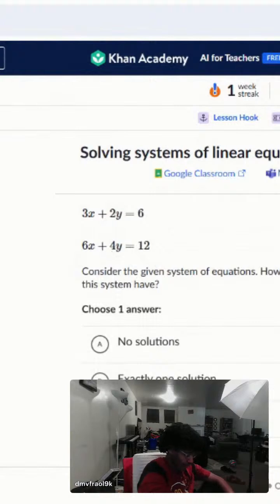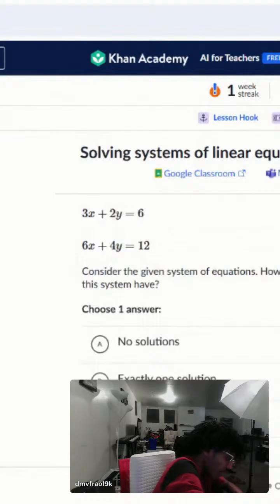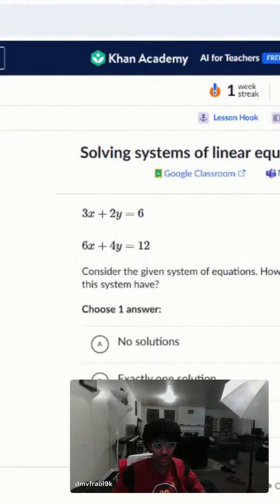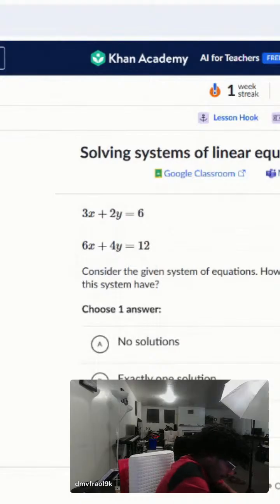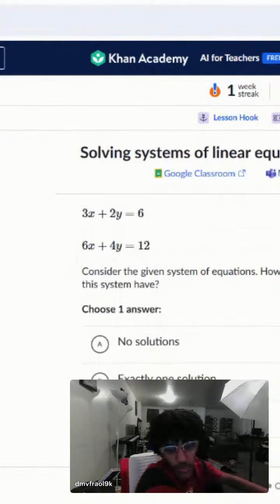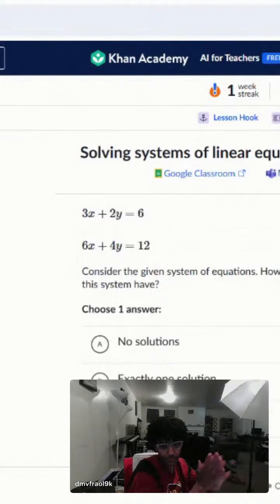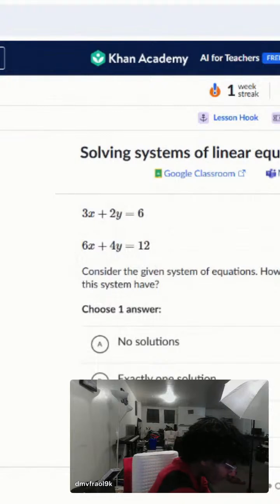Wait, 3 plus 6 is 9. 9x. 2 plus 4 is 6. Plus 6y. And then, oh, no. No.